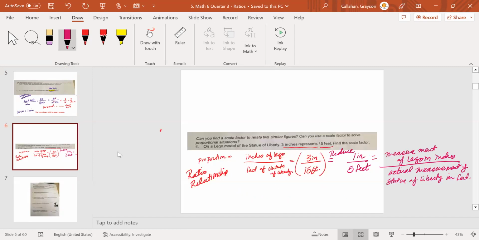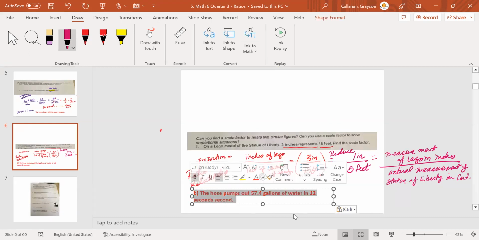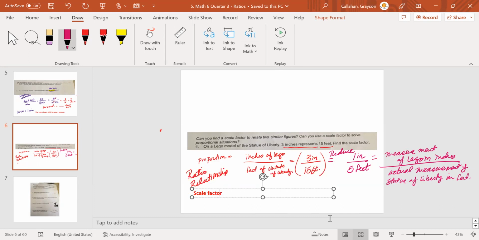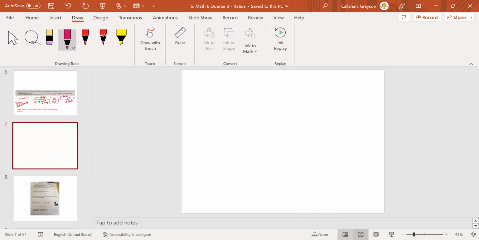Okay, so in answering the question, which asks you what is the scale factor? Scale factor equals 1 inch of the Lego equals 5 feet of the actual statue. And that's your answer. Are you okay with that? Okay. All right, let's go on to number 5.